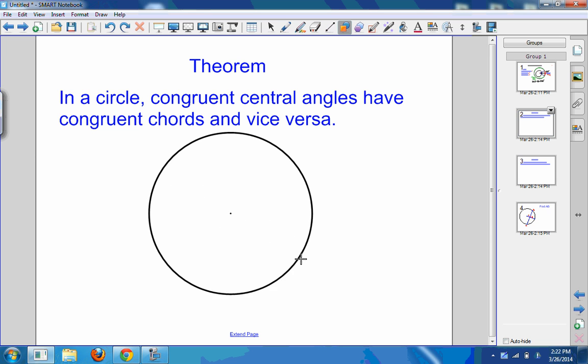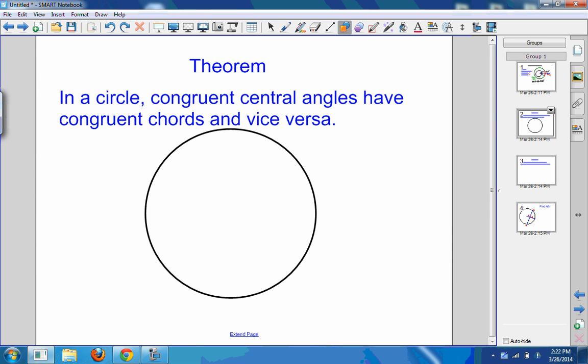If I make a central angle, let's say this is a central angle, and we'll say that is 50 degrees. And this one is also 50 degrees. Looks a little bit smaller, but we'll just pretend it's the exact same. So those are congruent.